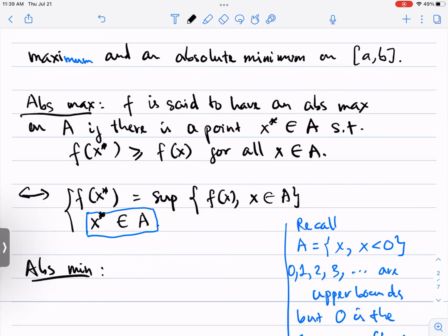For the supremum concept, the value might not be in the set. But for absolute maximum, we require that x star must be in the set and f of x star equal to the supremum of this set.